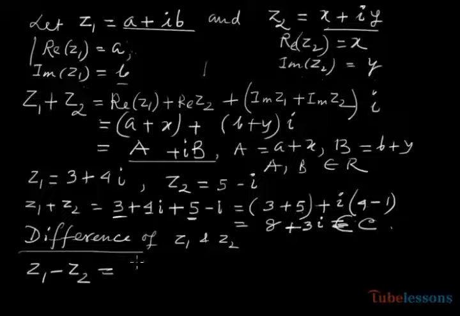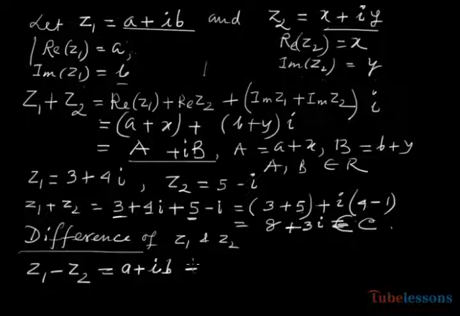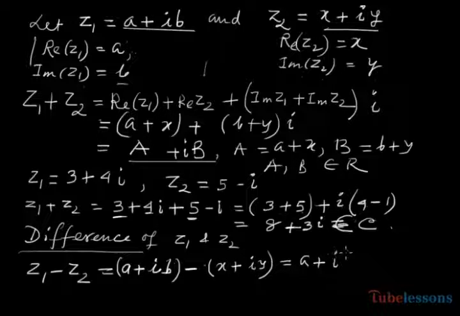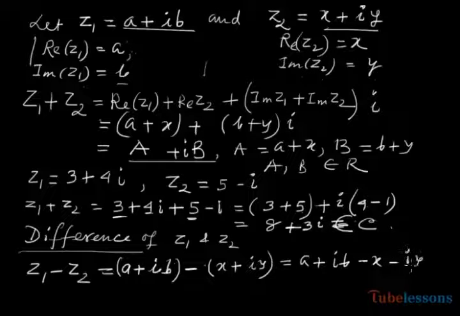Now we want to subtract. So first we write a plus ib minus Z2, which is x plus iy. So ib minus x minus iy.